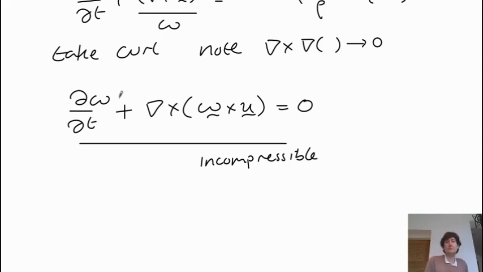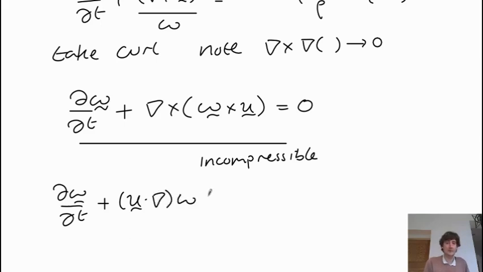We can then play around with this a little bit more and use some vector identities to expand this quantity here. So we can write this as d by dt. So this is a vector. So you can expand it as u dot grad omega minus omega dot grad u.